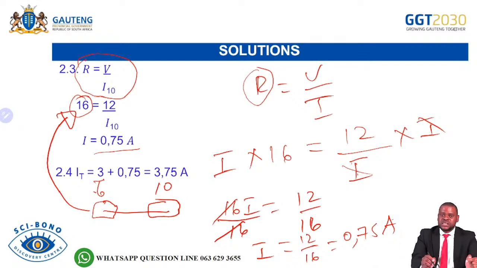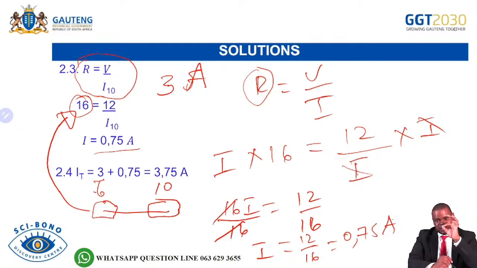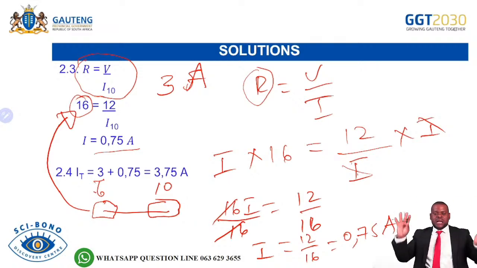We started with the 4 ohm. The current that is passing in the 4 ohm is 3 ampere. And the current that is passing in the 10 plus 6 is 0.75. In order to get the total current in the circuit, we just add both currents that are passing in each resistor.